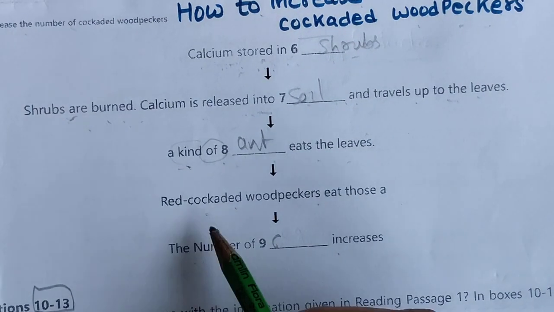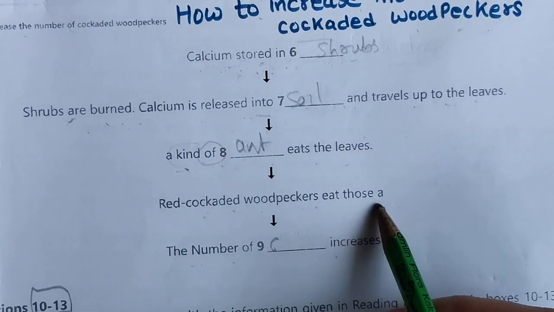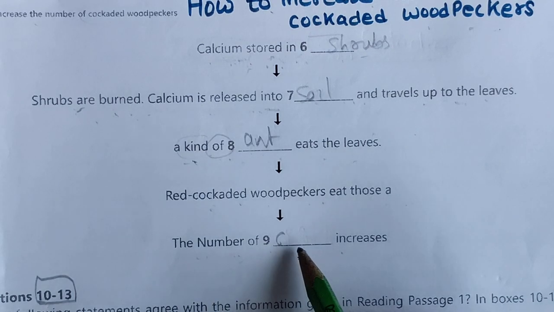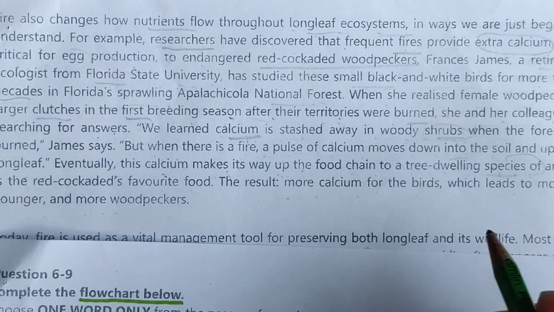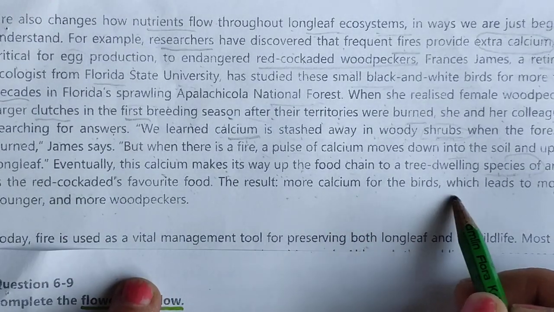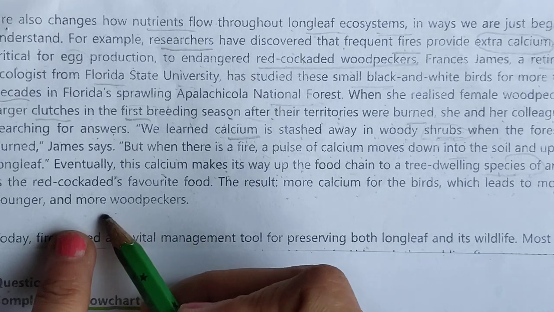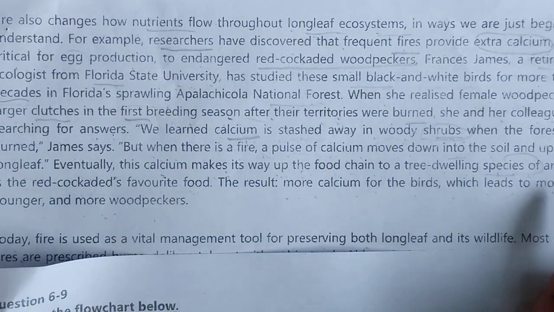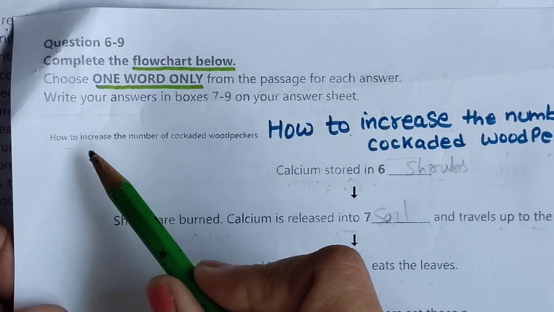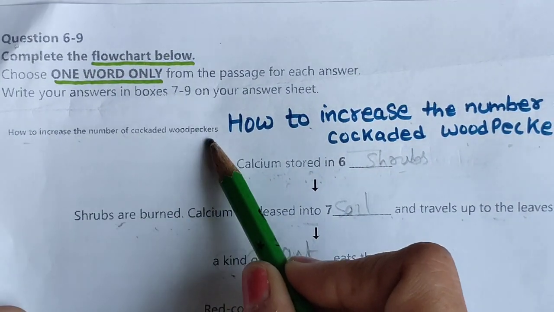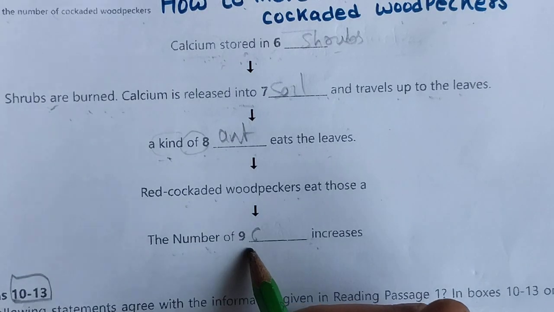The result: more calcium for the birds, which leads to more eggs, younger and more woodpeckers. The number of red-cockaded woodpeckers eating those increases. So what can we write? The number of dash increases, which leads to more eggs and more woodpeckers. So the number of woodpeckers or eggs.